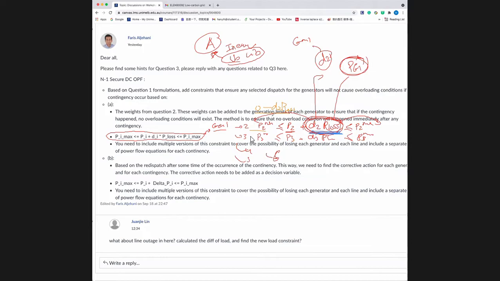Yeah, this is fine, but this will not impact it. Do you know why? Because you have another set of constraints. You still have P min 2 is less than P2 is less than P2 max. So this one will ensure that P2 will never be below 0.